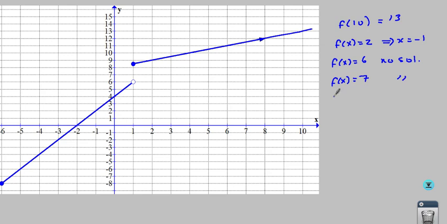And f of x equals 1, we have probably -1.5. And f of x equals 10 gives us x equals 4. So that's as far as the curve is concerned.